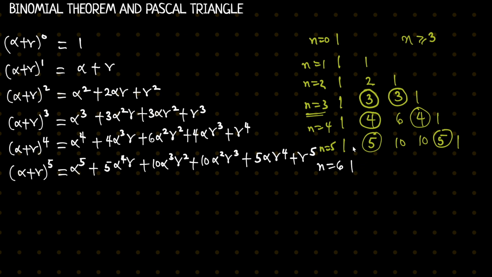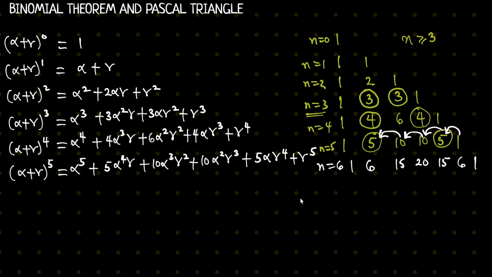And we can have the two adjacent numbers added: 5 plus 1, then 10 plus 5, 10 plus 10, 5 plus 10, 15, 1 plus 5, 6, and then hence with 1.